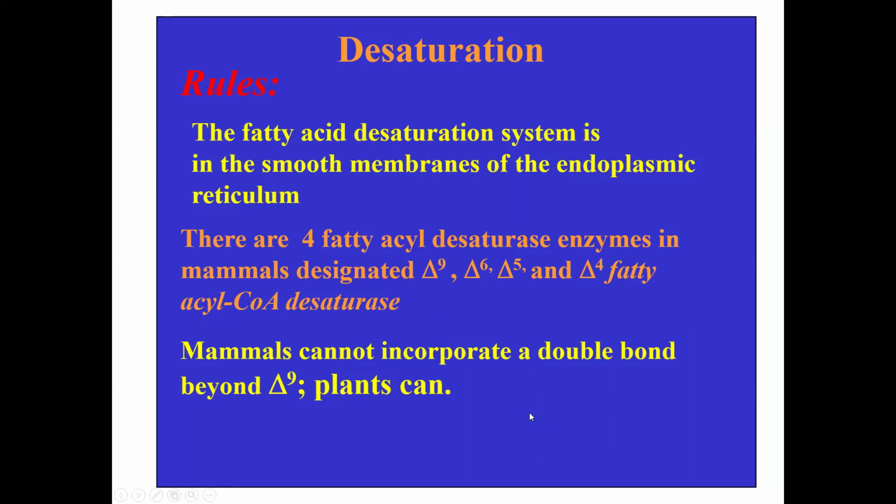For polyunsaturated fatty acids, where more than one double bond is present, mammals are unable to incorporate double bonds beyond the delta-9 position. This can be done only by plants and some aquatic animals, like seafood, snails, and the fishes of the sea, which can incorporate double bonds beyond the delta-9 position.